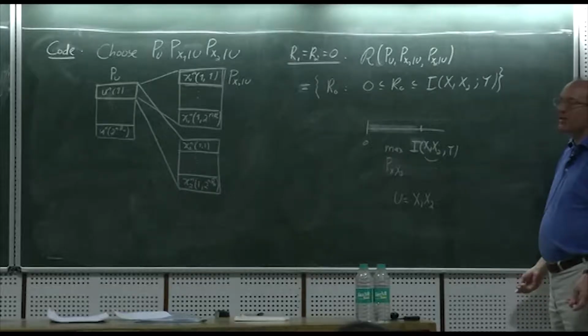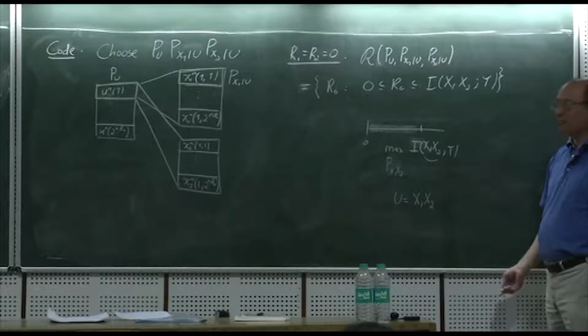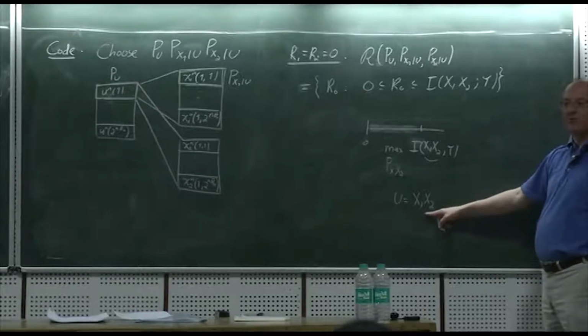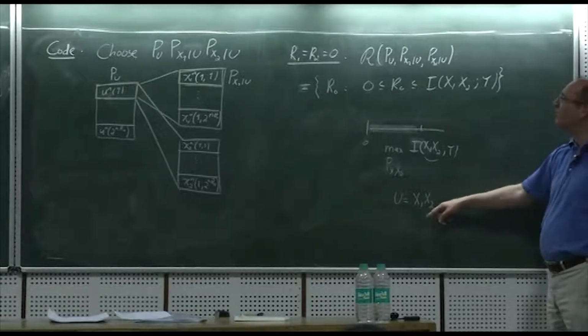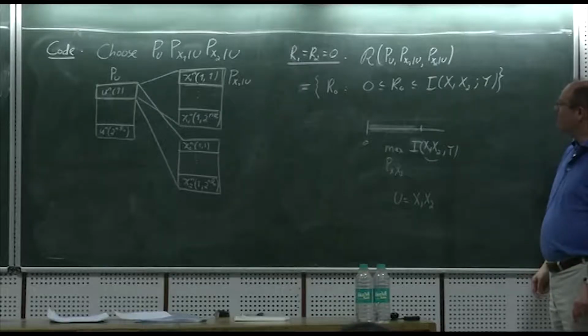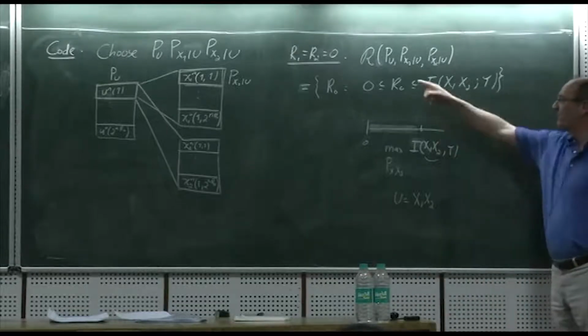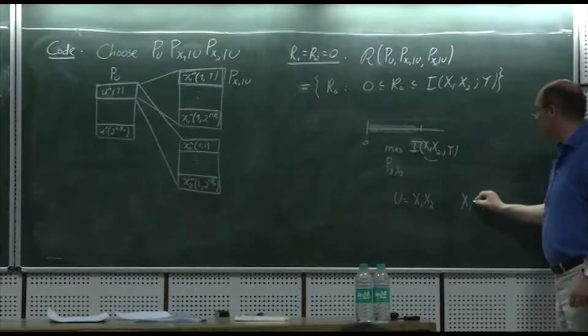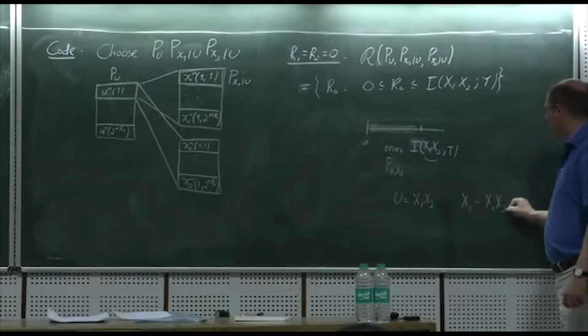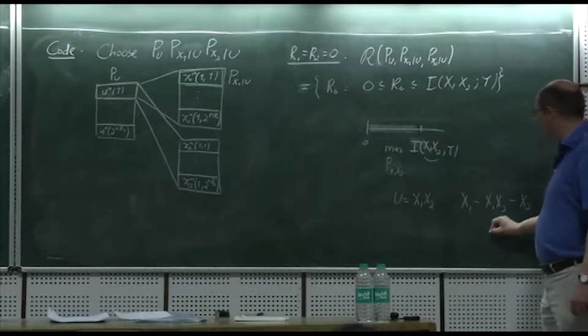The answer is, yes, we do get the Markov chain, right? That's no problem. So in fact, we can always choose this, which is kind of interesting to think about later, what that will mean. Because then we definitely get the Markov chain X1 - (X1,X2) - X2. That's definitely true.